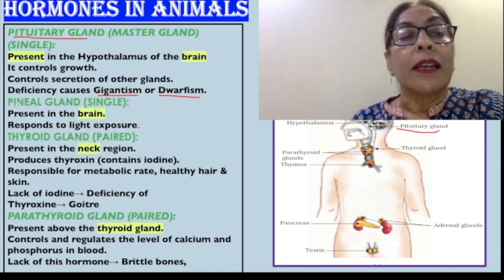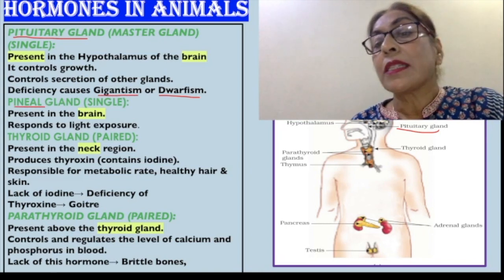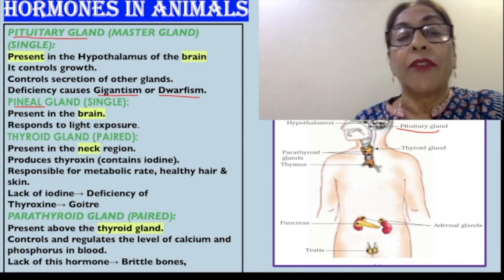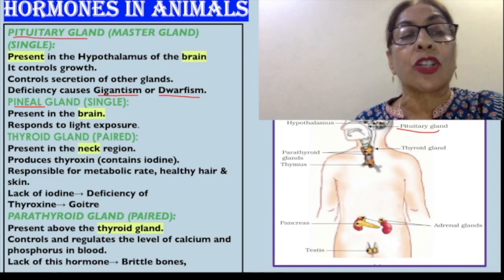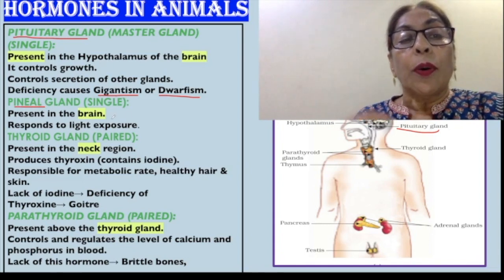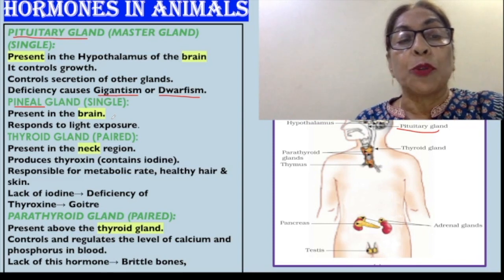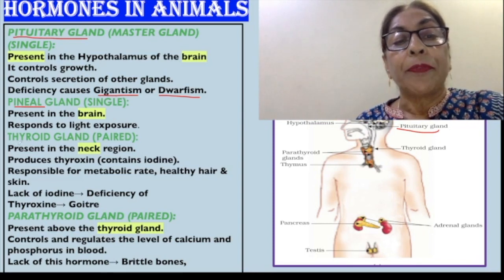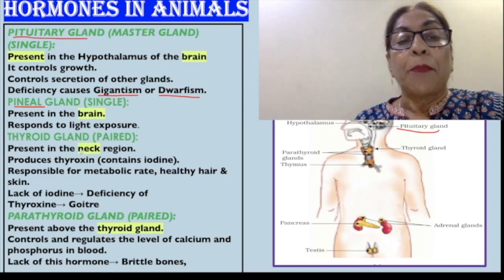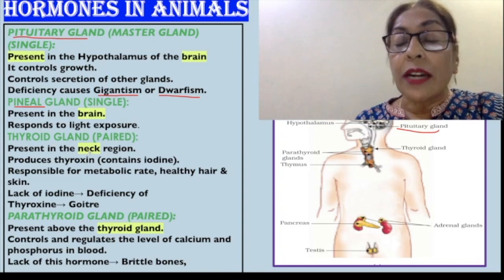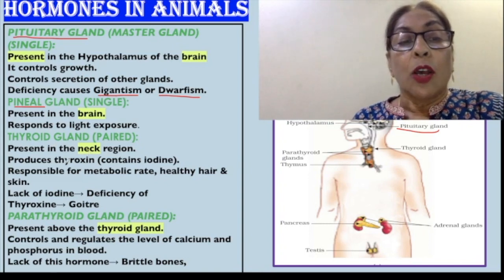Pineal gland. In the diagram you can see this is the pineal gland. It is also present in the brain. A very small pea-like structure. It responds to light exposure. Thyroid gland. It is paired, present in the neck region, and it produces thyroxine hormone which contains iodine.